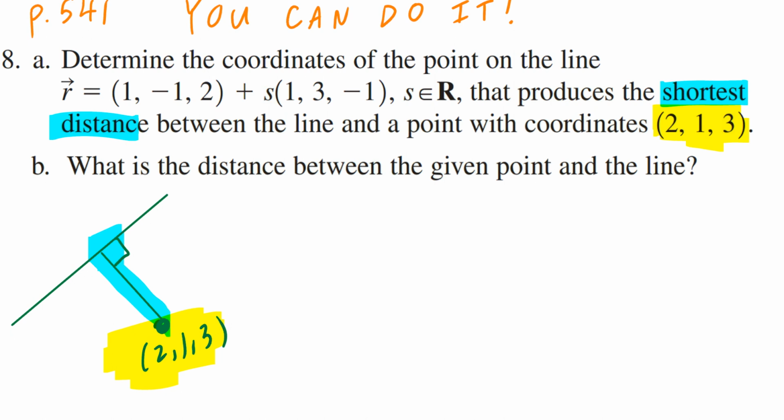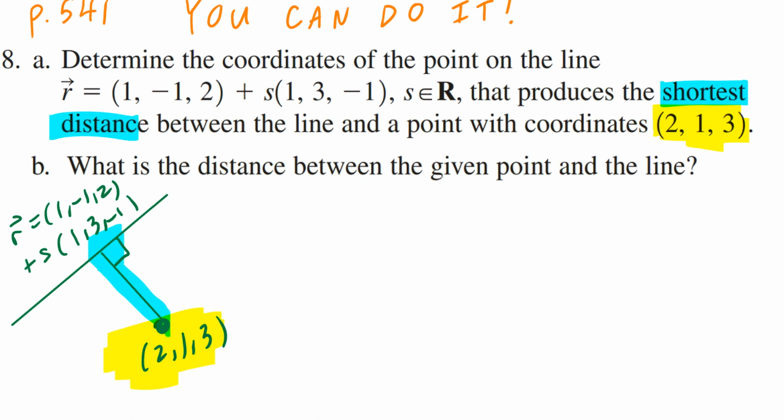Now, if I go back to the given, r equals 1, negative 1, 2, plus the direction vector 1, 3, negative 1. Anytime you have two vectors that are 90 degrees apart, think about the dot product.